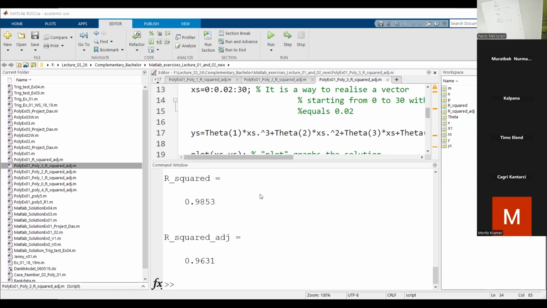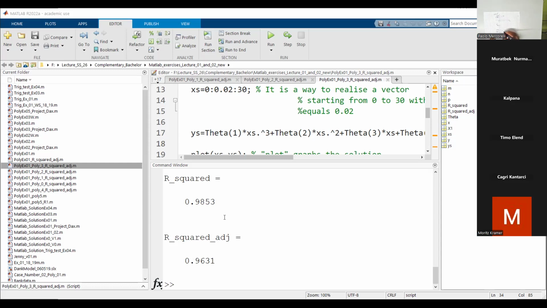Now we have R squared still increasing, 0.9853. And R squared adjusted 0.9631.